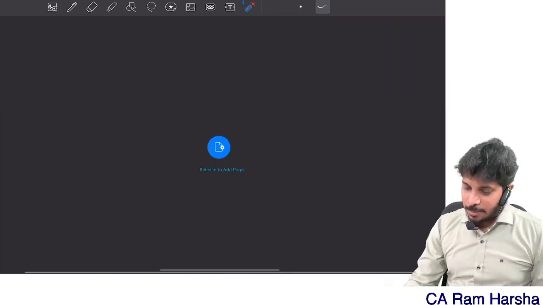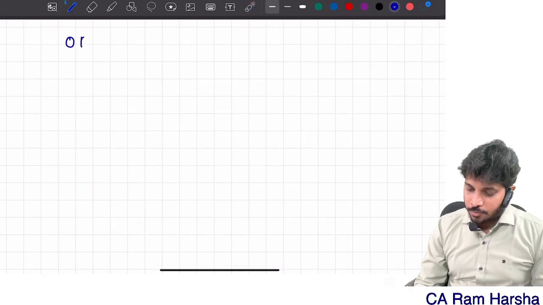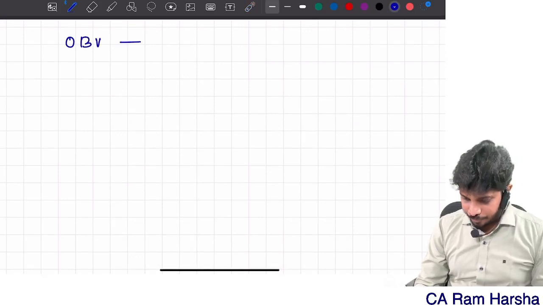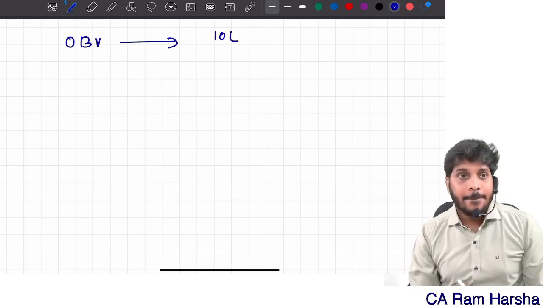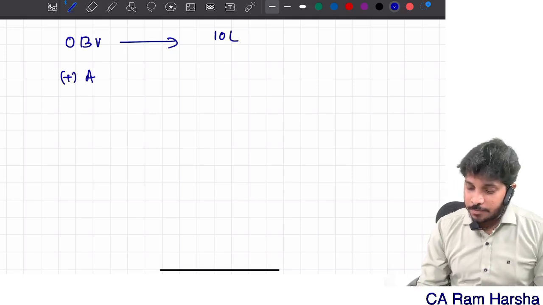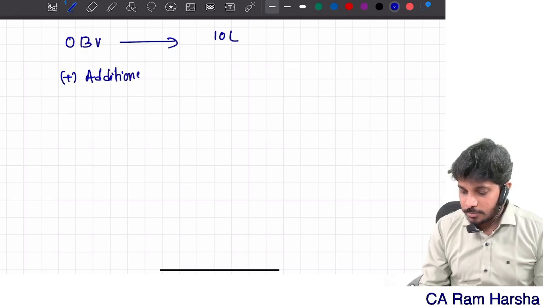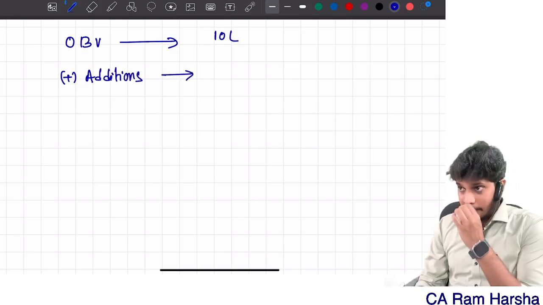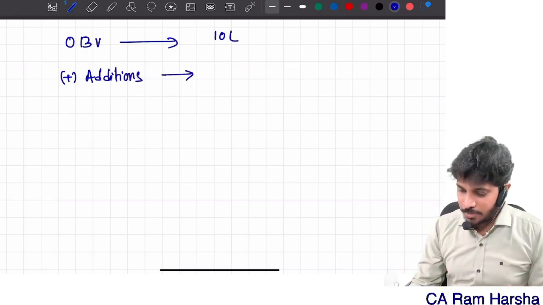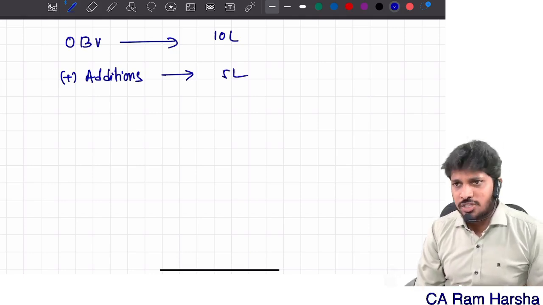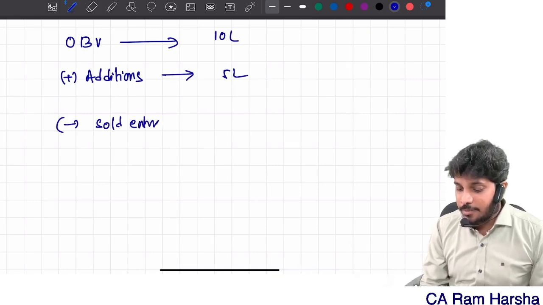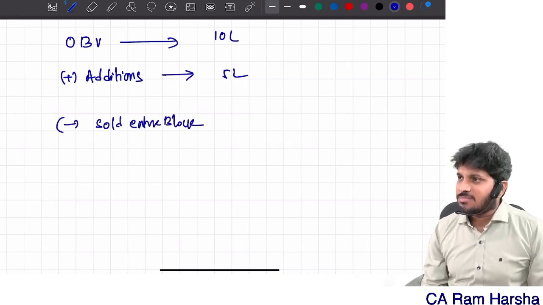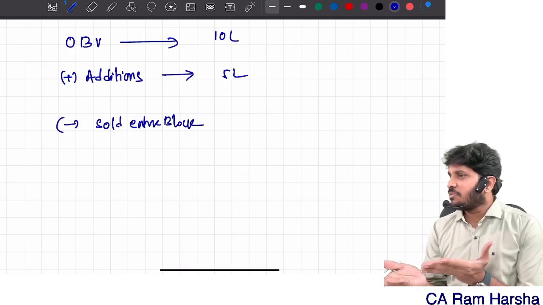Now suppose, sir, the opening block value is, let us assume, 10 lakhs. We purchased additions of approximately 5 lakhs. Then we sold the entire block, maybe because we don't want to continue the business.